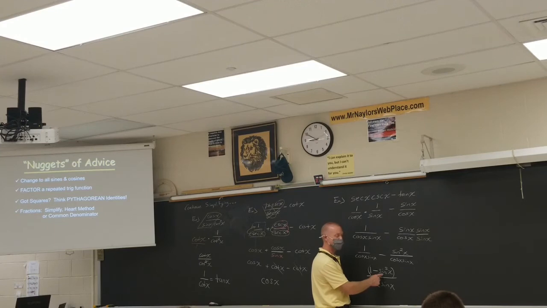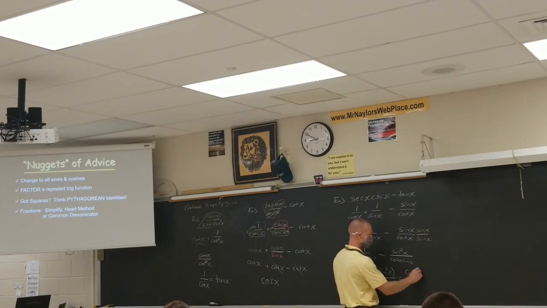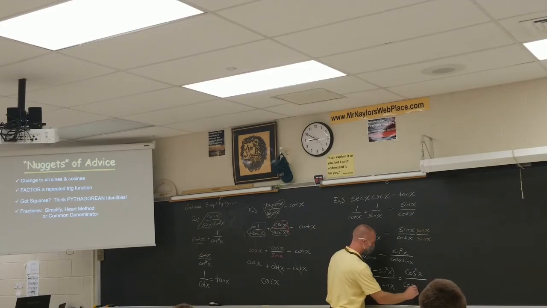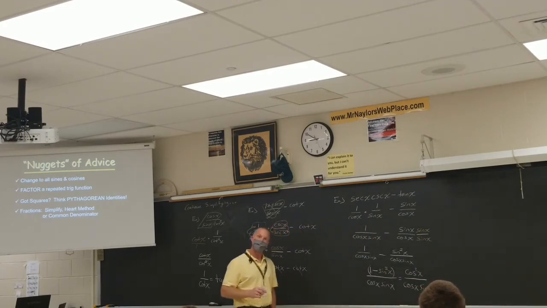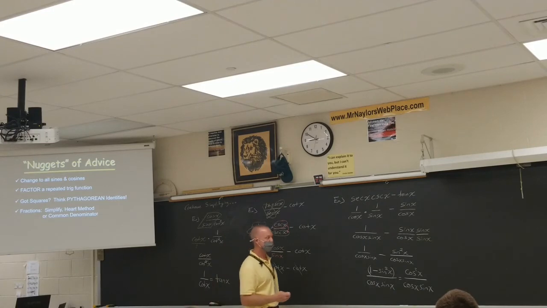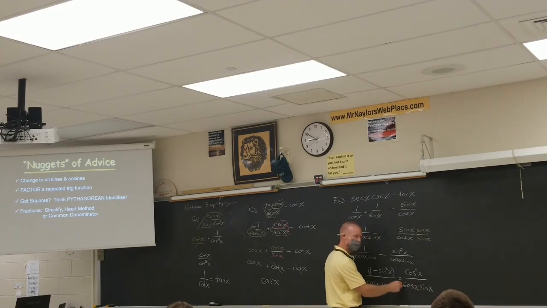1 minus sine squared is a Pythagorean identity. Did you find it? It's cosine squared. So we're not done because we're able to change that. But again, we're not done because we're able to simplify this. As you get more comfortable with these, you'll say, okay, I'm going to cancel these cosines because I can.